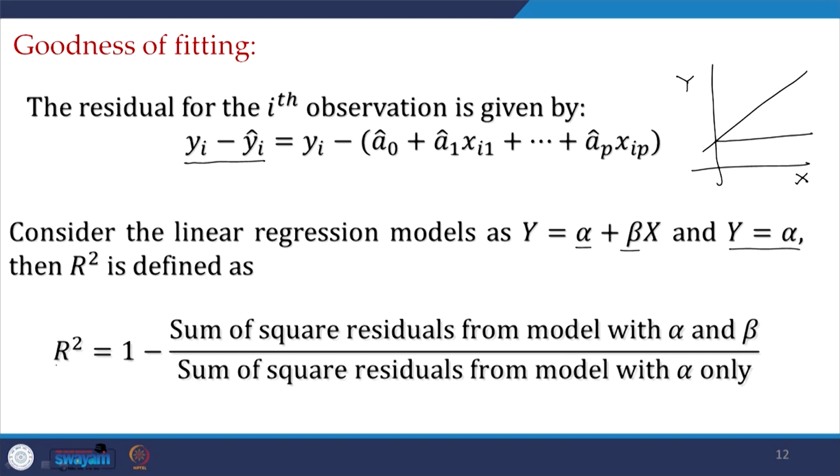Now, R square is nothing but 1 minus the sum of square of residuals which you obtain from the model with alpha and beta, divided by the sum of square of residuals from the model with alpha only.